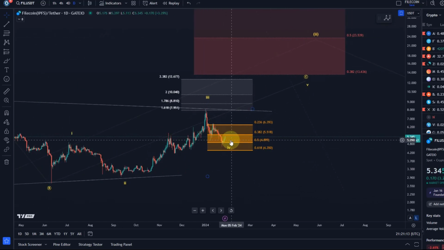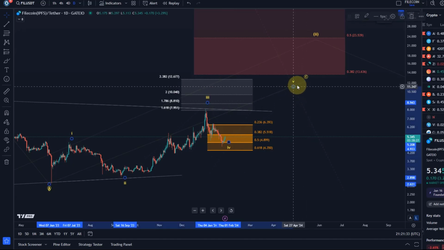And now we see a bit of a reaction there to the 50% Fibonacci retracement. Now we just need to see if the price can really turn around, rally in a fifth wave, and break above the third wave high, which was basically here at around $8.15, $8.20. And then the fifth wave could complete this C wave.